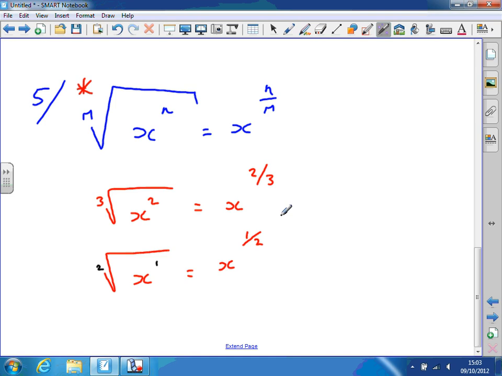Quite tortuous logic to show you how this works, but I'd like to have a go at it, because I think you deserve the effort. If we think in terms of the laws of indices we know already, the square root of x multiplied by the square root of x must be what?